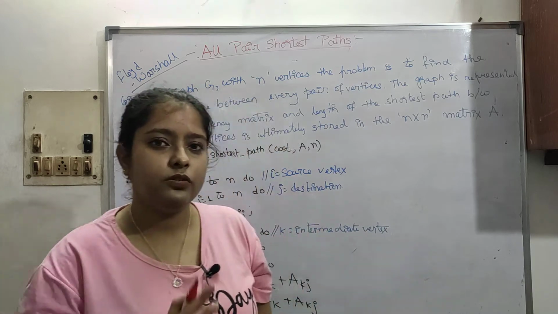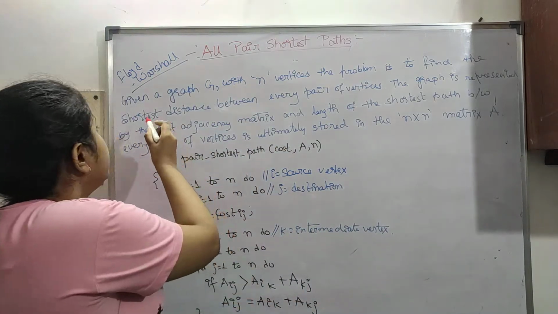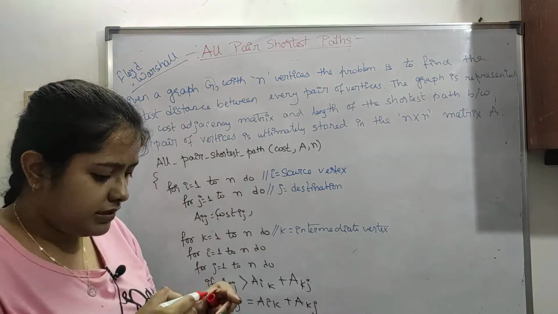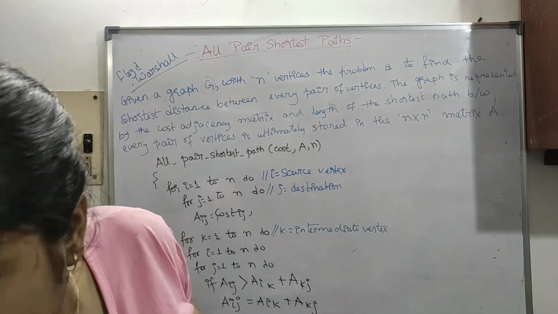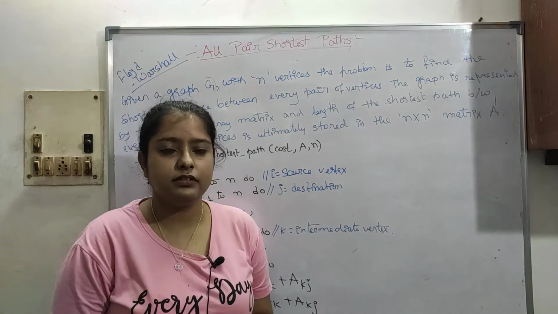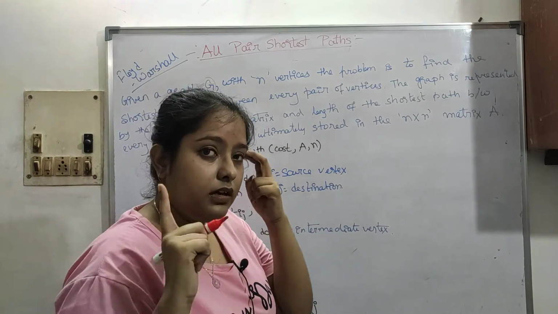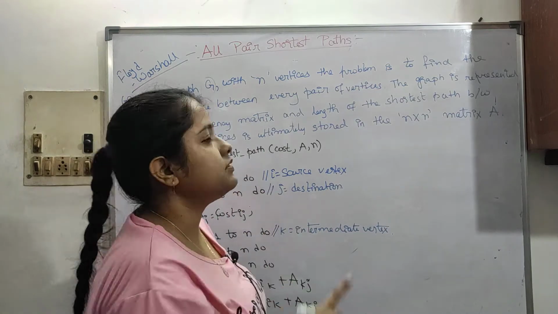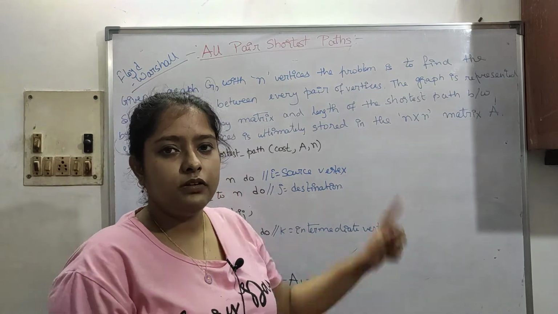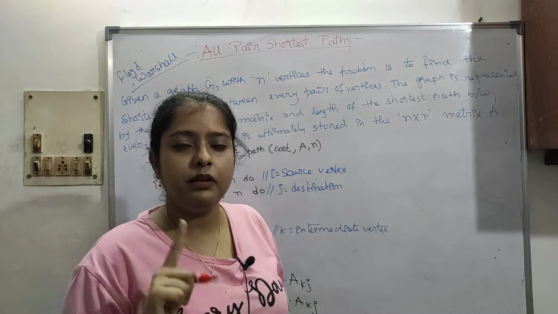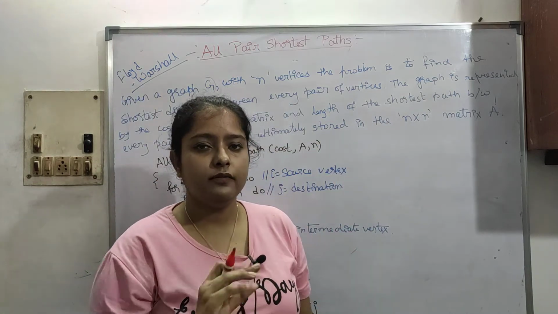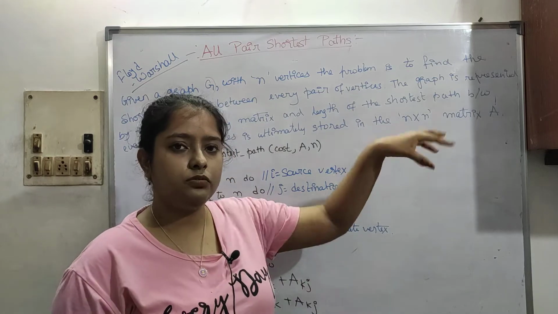So let's start. Now, a graph is given. Till now we have done single source shortest path, which was Dijkstra's algorithm and then Bellman-Ford. The difference with single source shortest path and all pair shortest path is that in single source we have already taken a source, and from that source we have found the minimum path to every vertex.